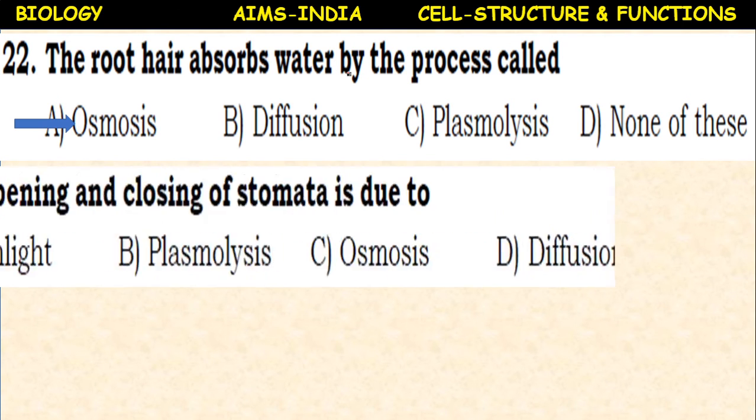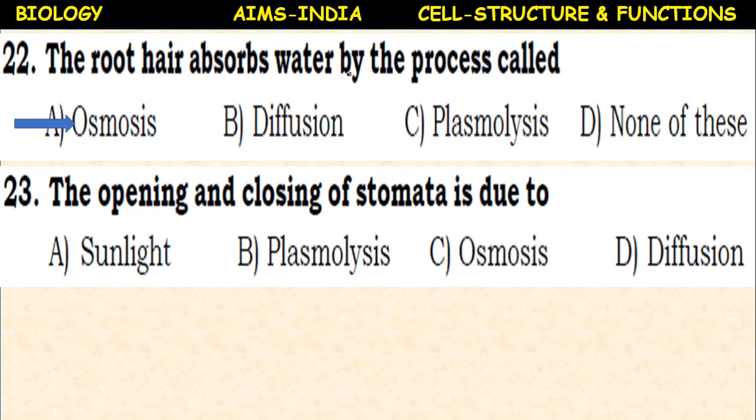The opening and closing of stomata is due to sunlight, plasmolysis, osmosis, diffusion. So here also osmosis. The stomata are surrounded by two kidney shaped cells called guard cells. They become turgid and flaccid depending upon the conditions. In dry conditions they become flaccid, in wet conditions they become turgid.